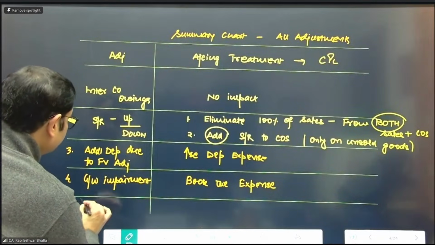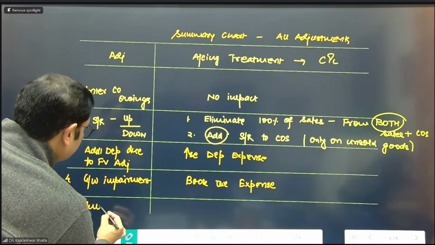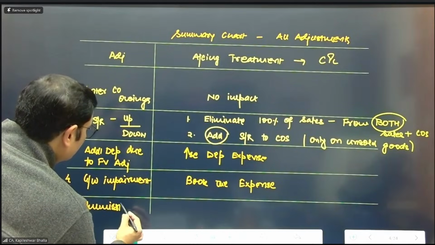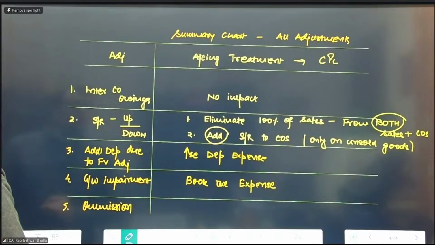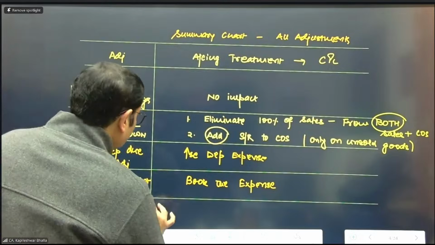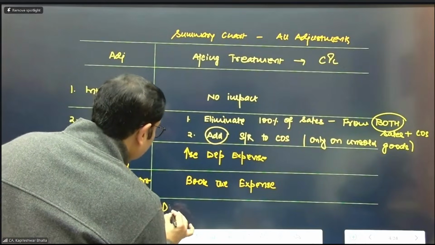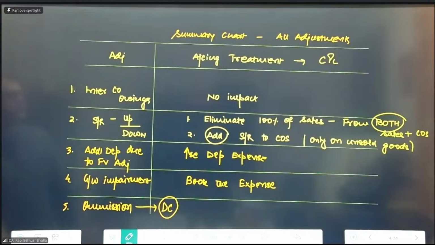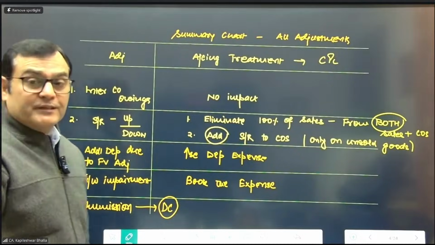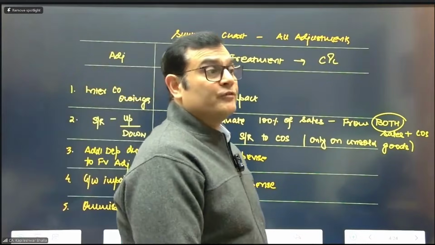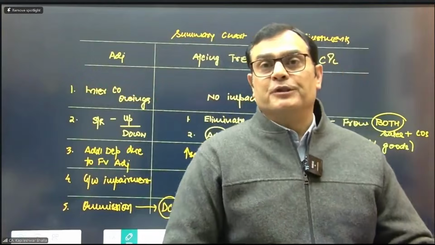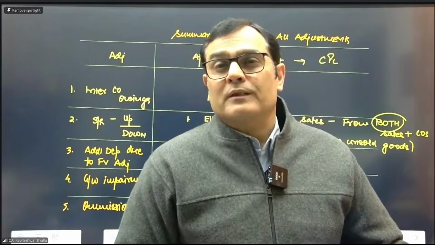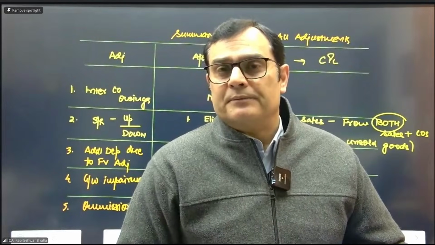And then comes, if there is an omission, and the omission could typically be in terms of deferred consideration. Any wild guess, if there is an omission on account of deferred consideration, what impact would it have on the income statement?